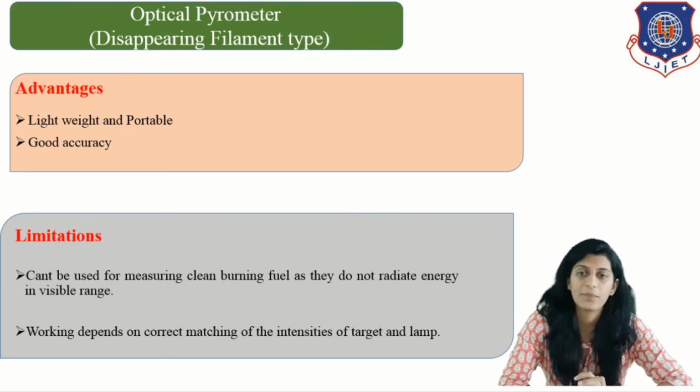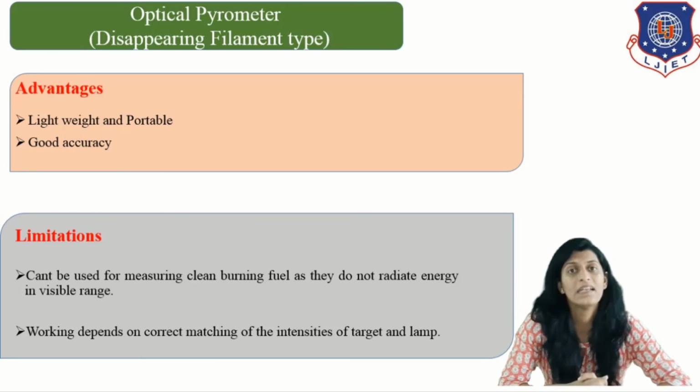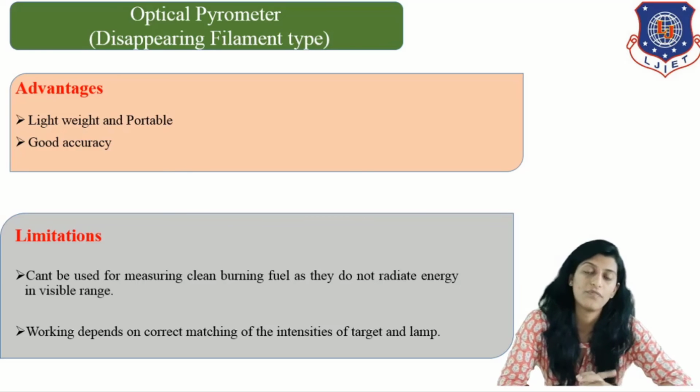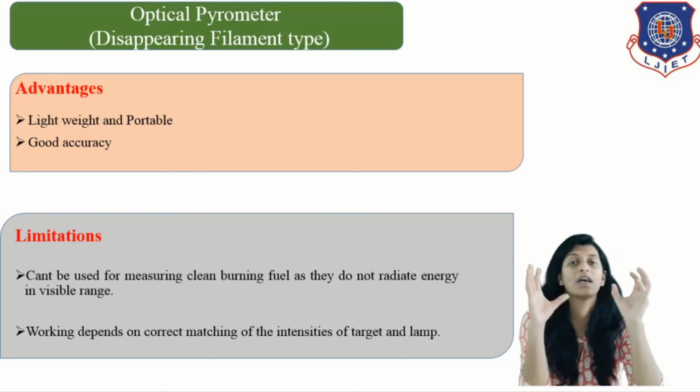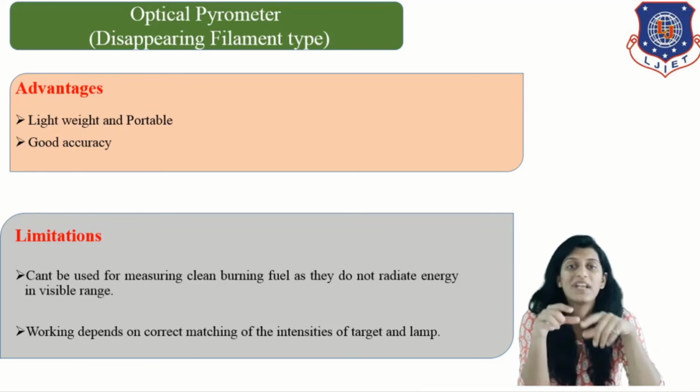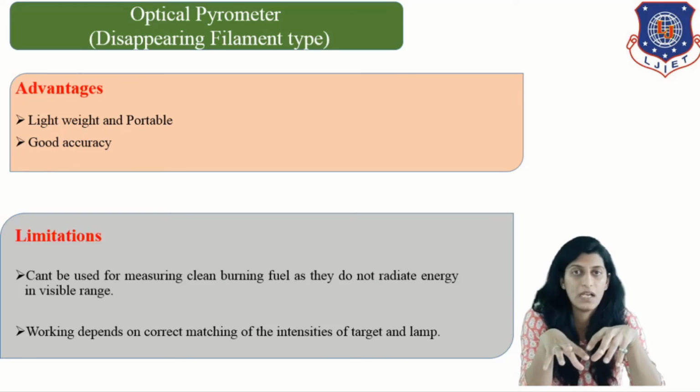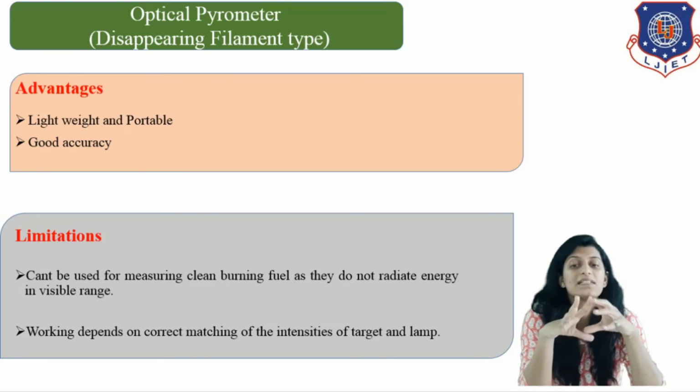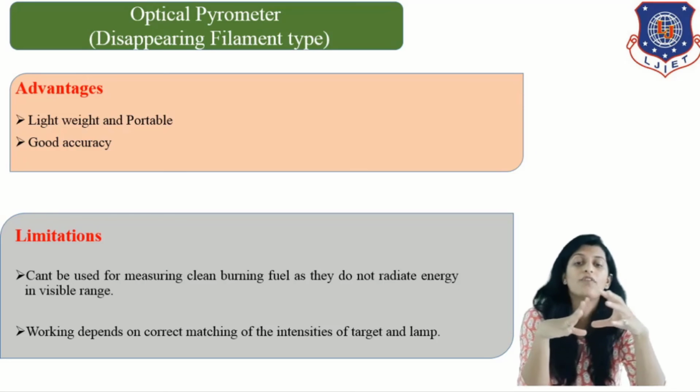Coming to the limitations, it cannot be used for measuring clean burning fuels as they do not have radiant energy which is visible in range, right? And the working depends on correct matching of intensity, because the entire mechanism of the optical pyrometer depends on the visibility of the filament of that bulb. So it depends on matching of intensity.